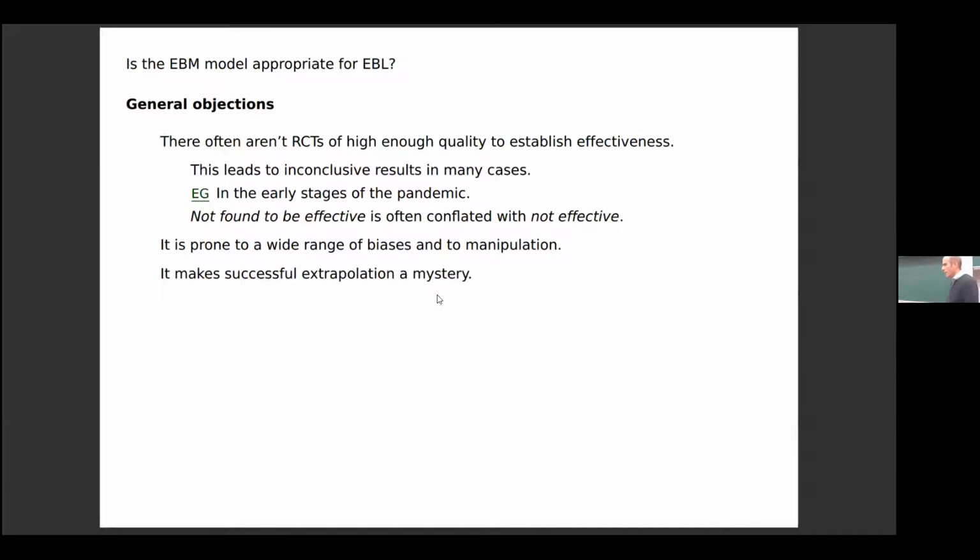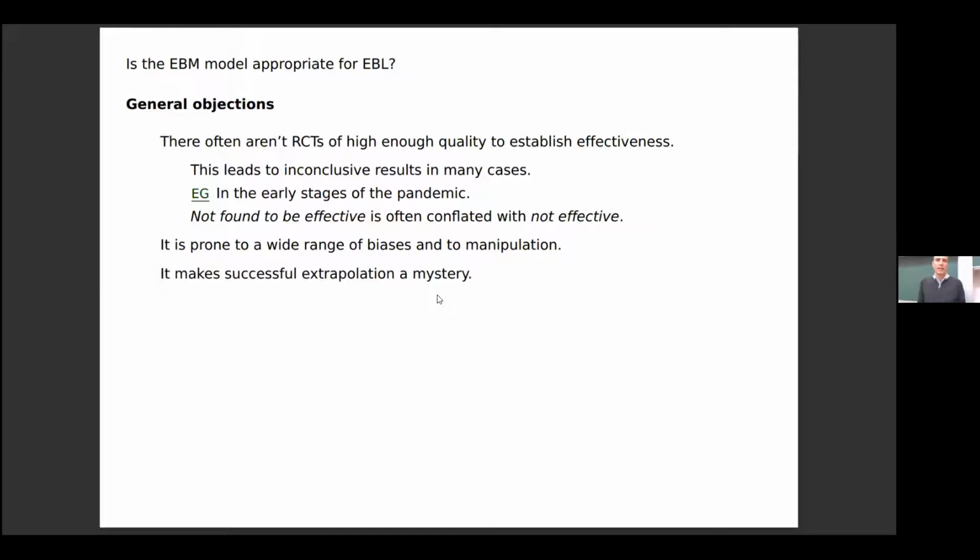The question arises whether evidence-based medicine does provide a model that is appropriate for the law. And we would argue, no, at least standard evidence-based medicine isn't a very good model for evidence-based law. There are some general objections to standard evidence-based medicine, which I've touched on already. There often aren't RCTs of high enough quality to establish effectiveness.